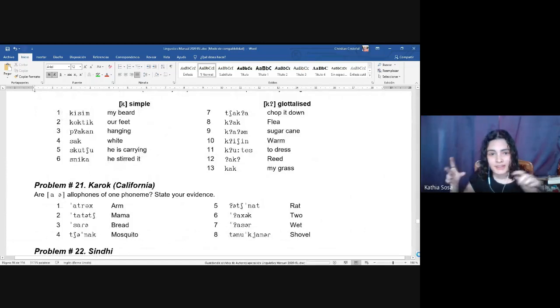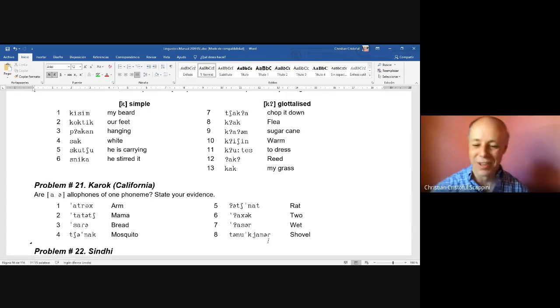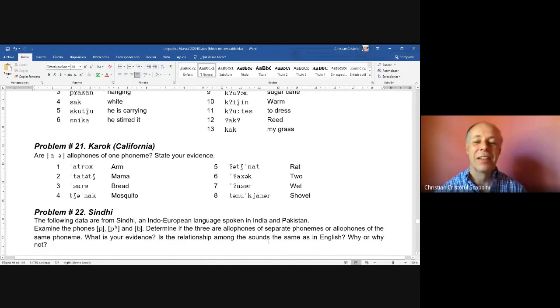It is somewhat consistent, and it's only one word that is different. In that case, how do we decide which one is the phoneme? Very, very good question. Excellent.